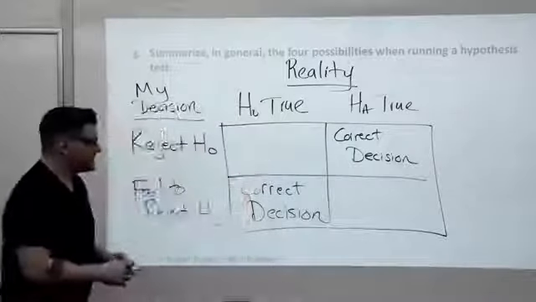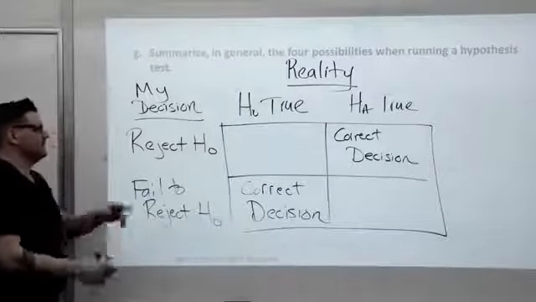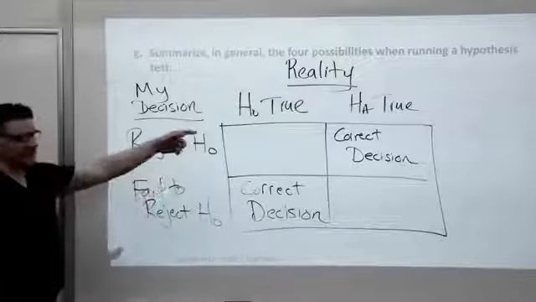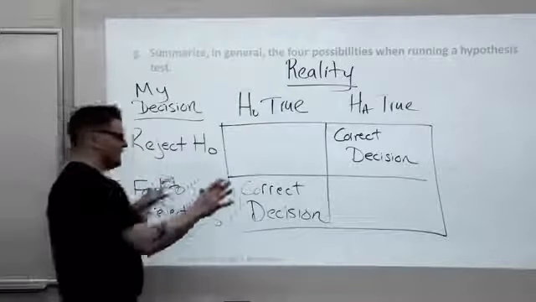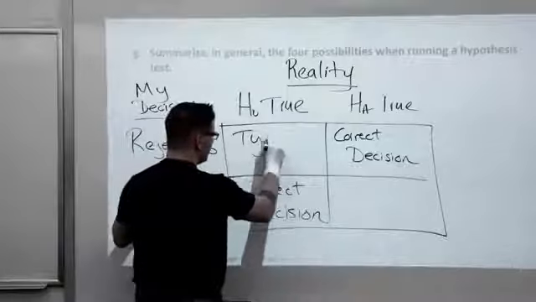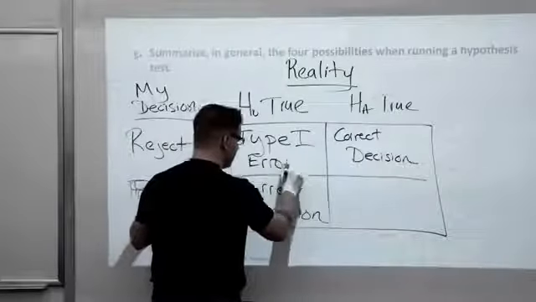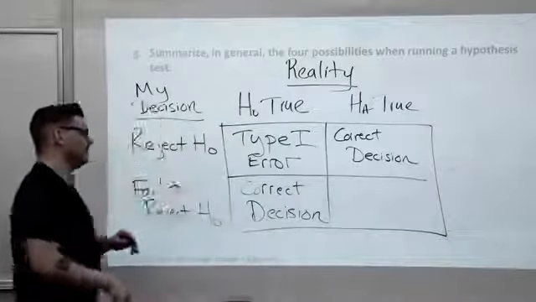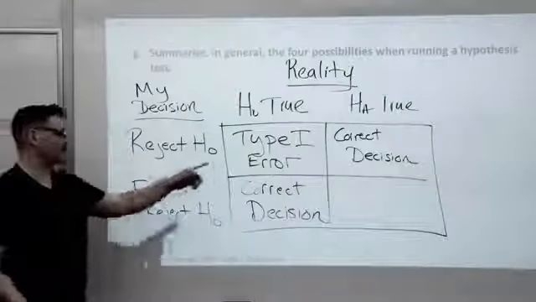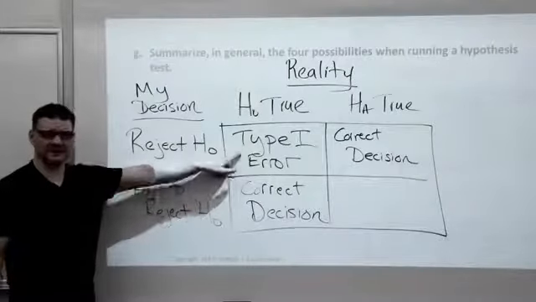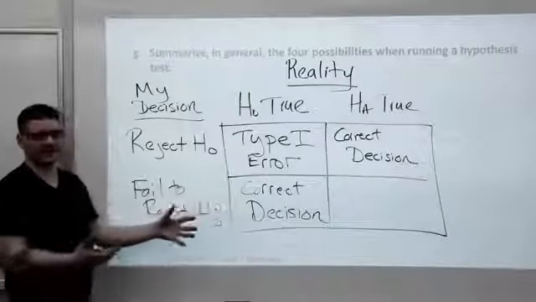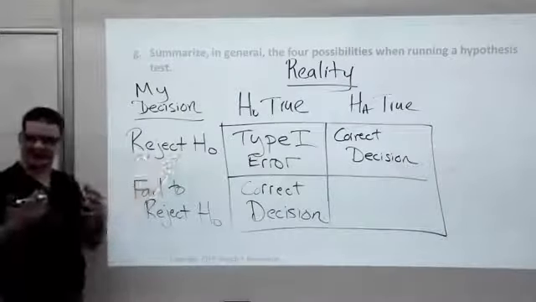These are your 2 errors. The type 1, rejecting the null when the null is true, that's the type 1 error. Almost think of this as a false positive, right? Your data's convincing you to change your mind when it shouldn't have.